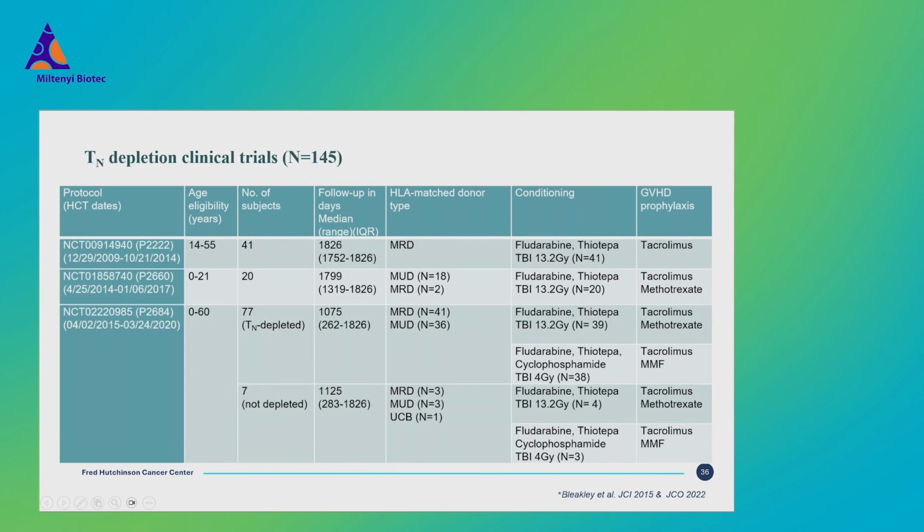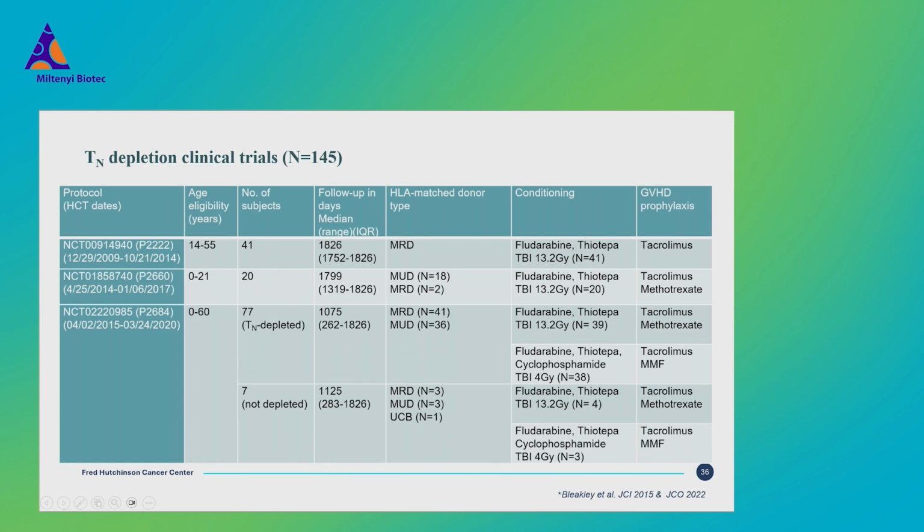The third trial was a large NIH-funded study of 80 patients, and we enrolled patients that had both matched related and matched unrelated donors, and as well as the intensive conditioning, we had an option for intermediate intensity conditioning. In that, we used tacrolimus and mini-dose methotrexate and tacrolimus and MMF respectively for those 2 conditionings.